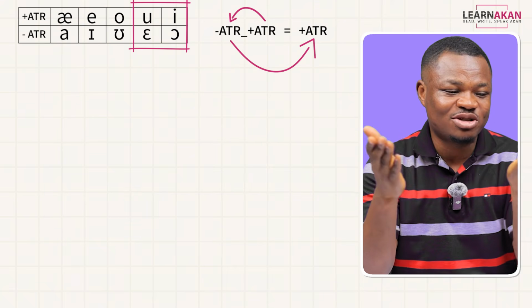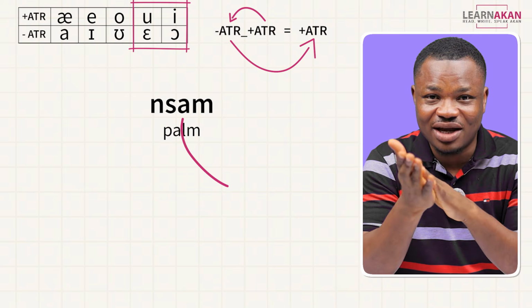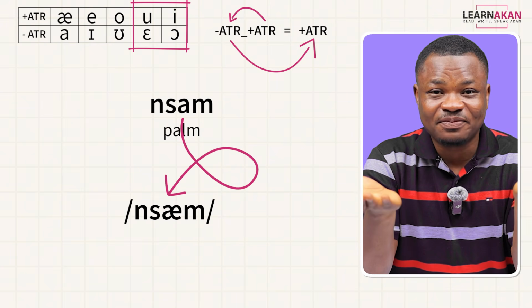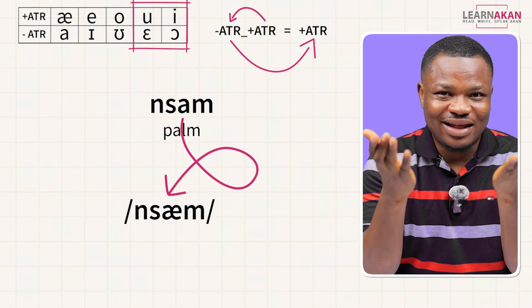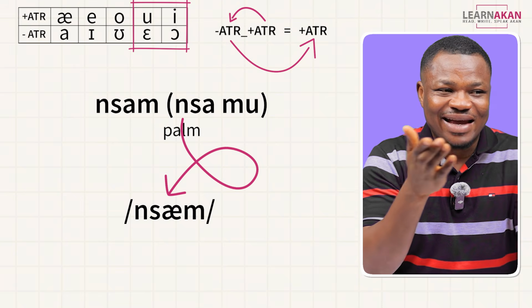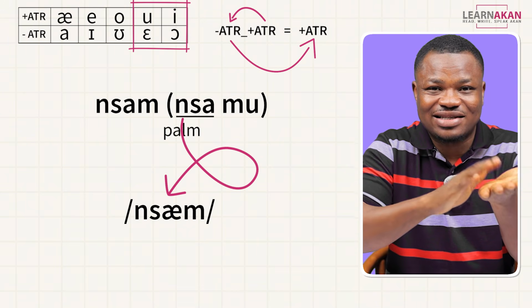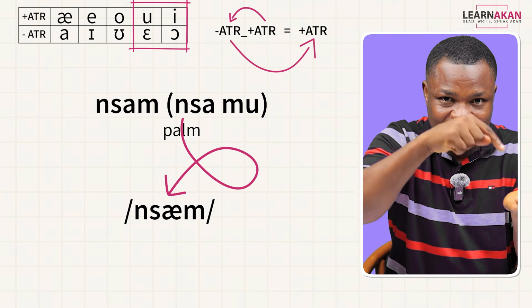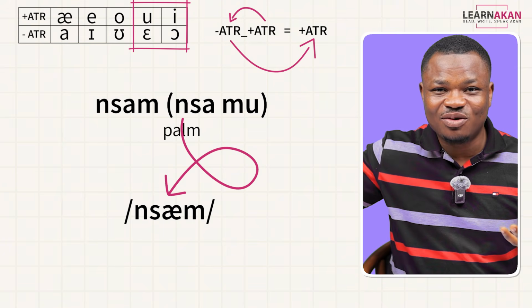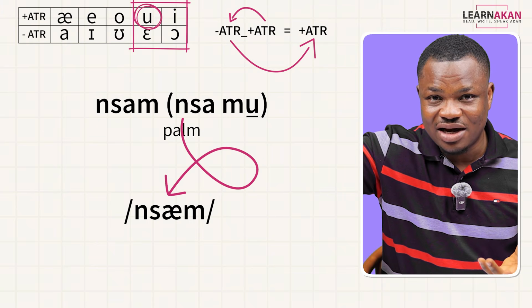So this actually explains the pronunciation of the word for the palm. We say insem. So insem is the palm, and this actually comes from nsamu. Nsa is the hand, and mu is in. So in the hand, the palm. The first vowel of the second word is u, and u is plus ATR.